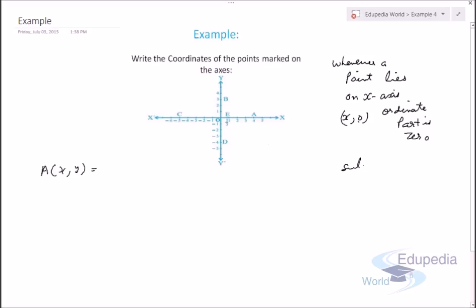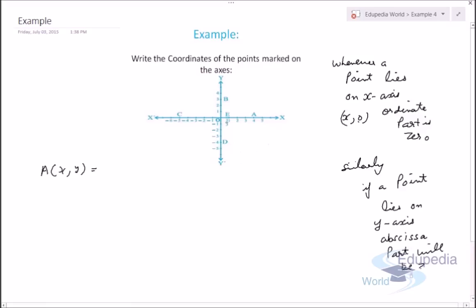Similarly, if a point lies on the y-axis, its abscissa part will be 0, meaning it will be written as 0 and y.